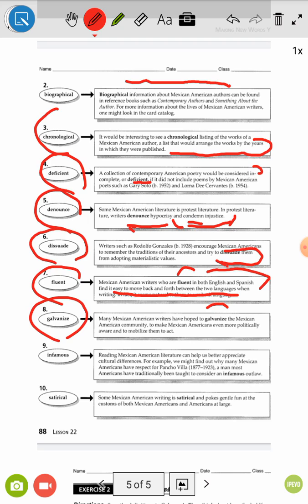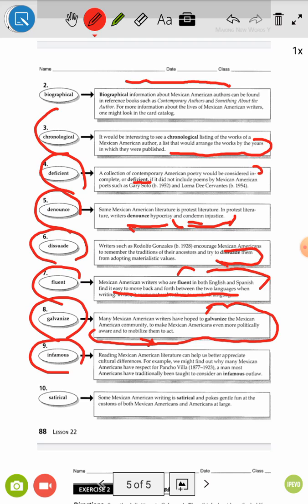Let's move on. To make Mexican Americans even more politically aware and to mobilize them to act. So here galvanize indicates to make aware and to mobilize. So galvanize, according to the sentence, means to make aware and mobilize them to act.